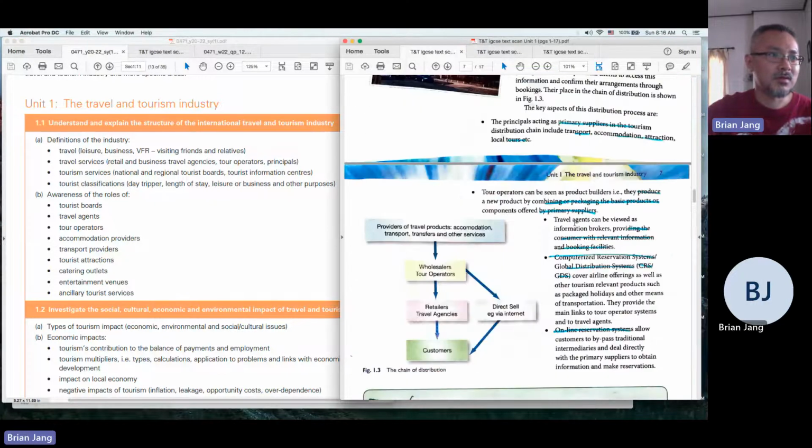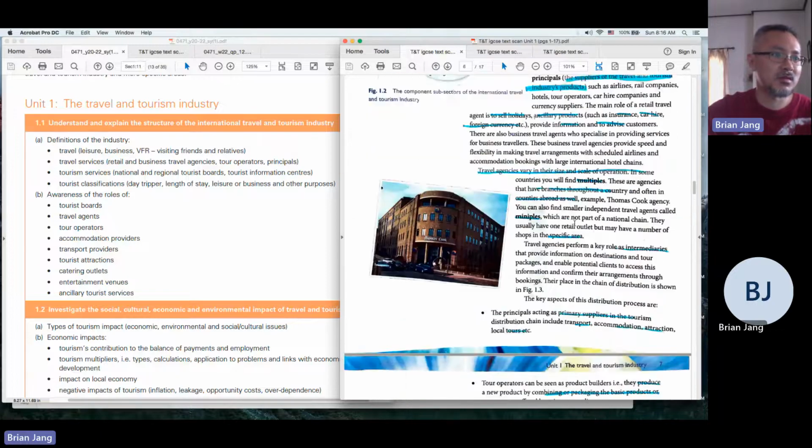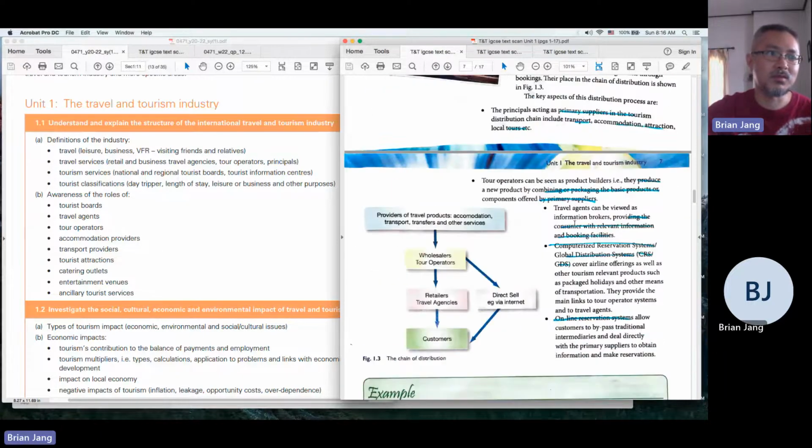For example, if they talked about chain of distribution as your question, then you would be able to explain it, right? But I think one of the questions that you guys had practiced was, where can the customers go to get their products from?